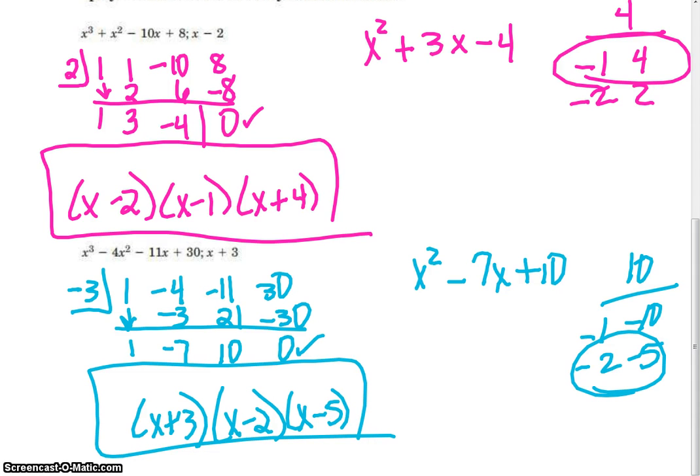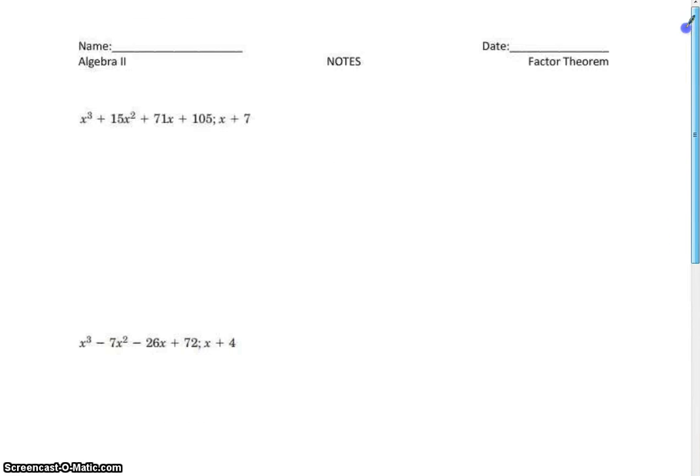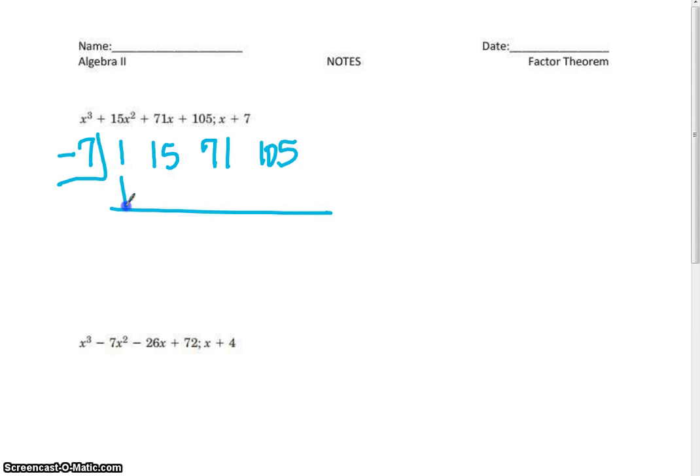Moving to the next page. We're going to put a negative 7 out here. There are no skips, and so it will be 1, 15, 71, and 105. Bring down your 1. So we have negative 7. 15 minus 7 is 8. We have a negative 56. 71 minus 56 is 15. And then negative 7 times 15 is a negative 105.